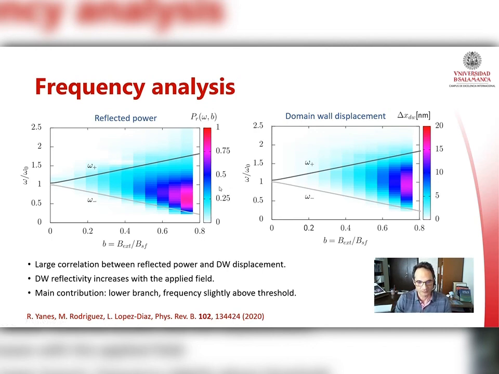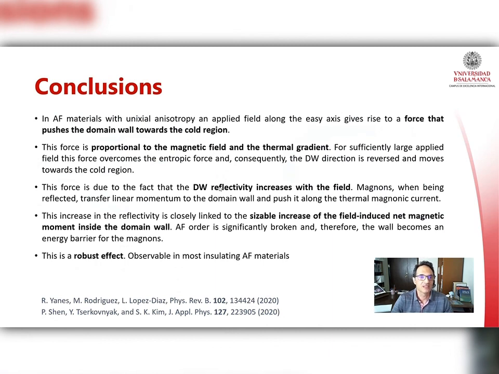Okay, so let me go to my conclusions. We have identified a new force when we apply a field along the easy axis in an antiferromagnet that pushes the domain wall towards the cold region.